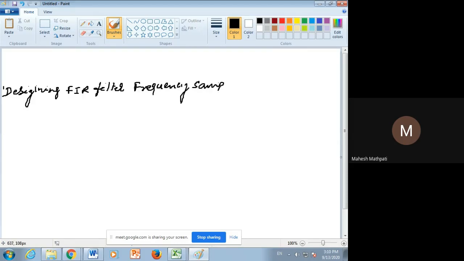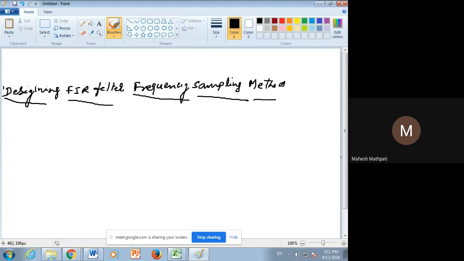Okay, so here again we are noting the procedure for this. So this is today's title: designing an FIR filter using the frequency sampling method.